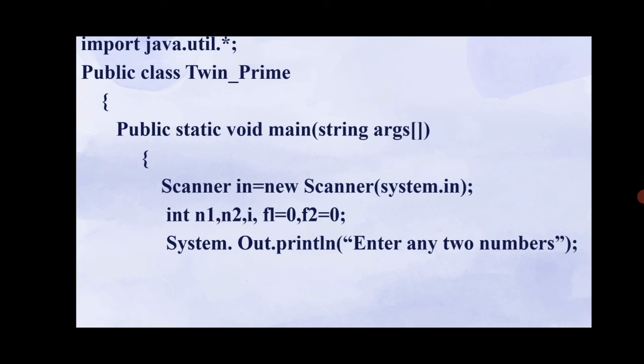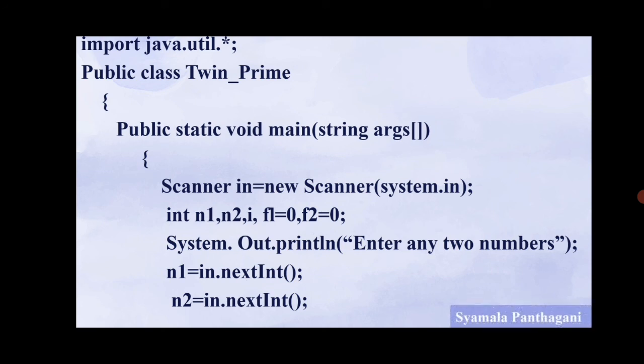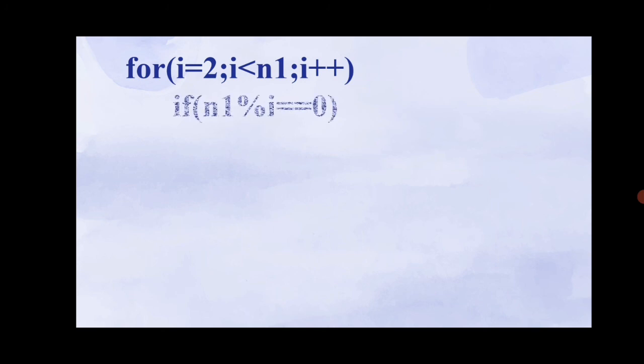System.out.println("Enter any two numbers"). I have entered n1 is equal to in.nextInt() and n2 is equal to in.nextInt(). Now, this is the input part for this program, and the execution part, that is the calculation part, is: for i is equal to 2, i is less than n1, i plus plus.